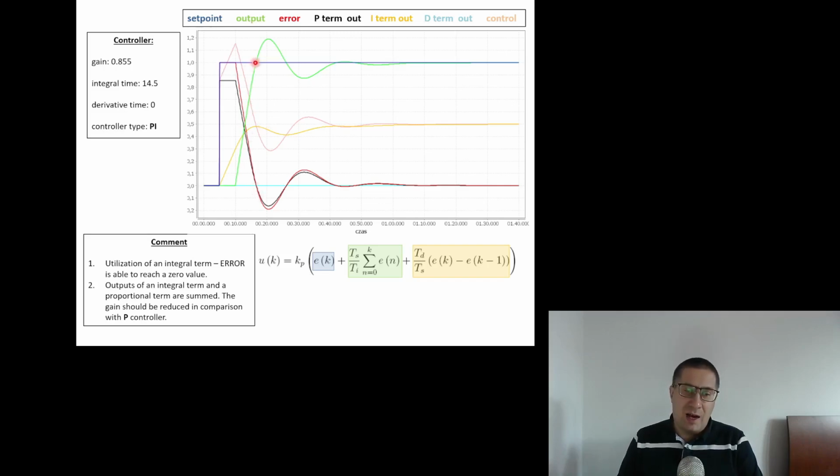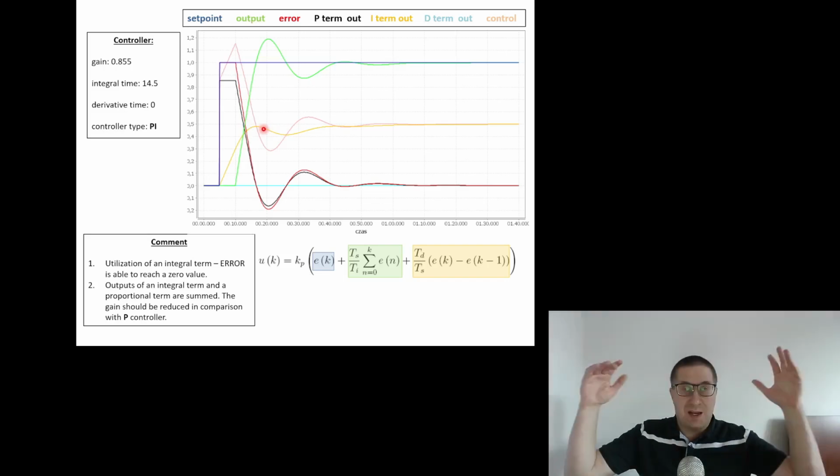When the output signal reaches the set point, the error is 0, so the control signal proportional to the error value, this P term output, becomes negative from now on. So we're really pushing the brake pedal. But the I term output is still positive.